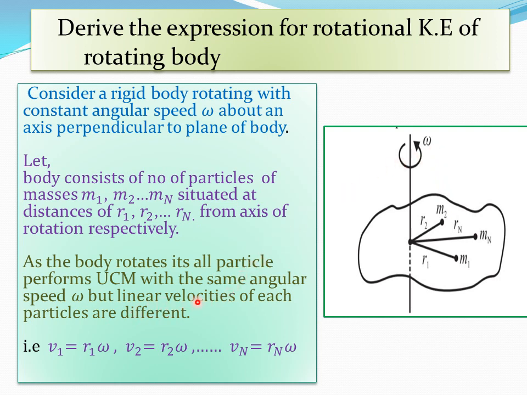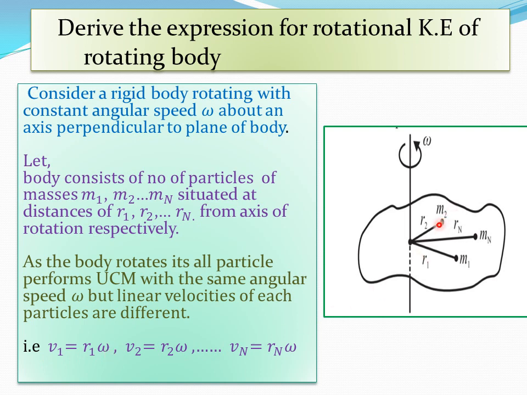But the linear velocities of the particles are different. m1, m2 and m of n have the same angular speed omega, but the first, second and third particles have different linear velocities. See here, the first particle has linear velocity v1, so v1 equals r1 into omega.